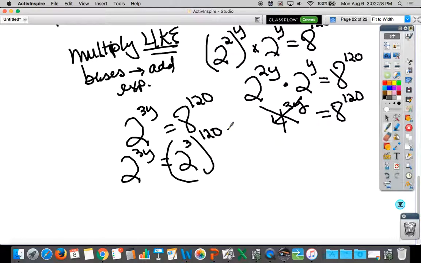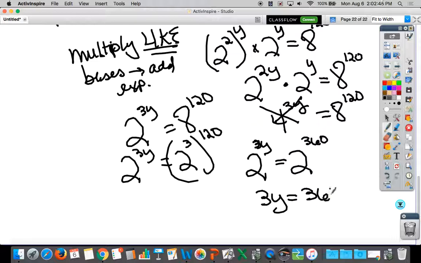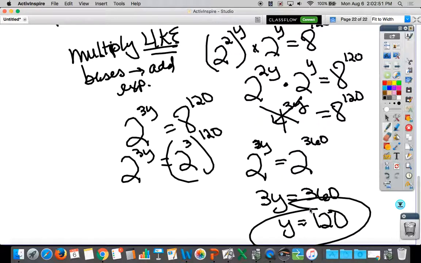When I raise a power to a power, I do what? Multiply. Now, when my bases are alike, I can set my powers equal.